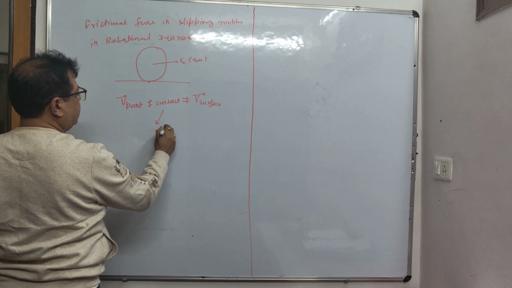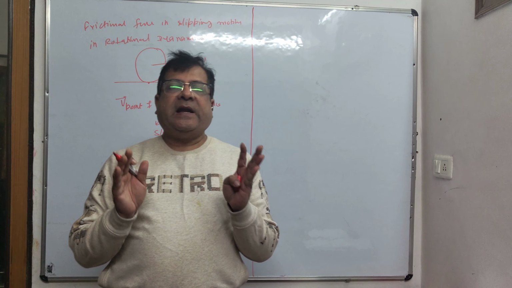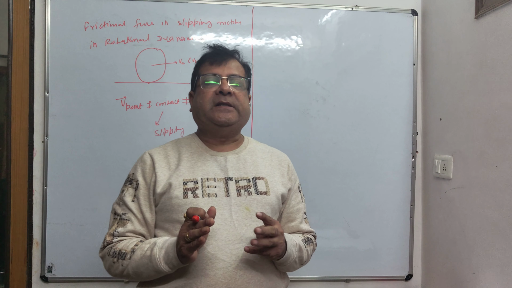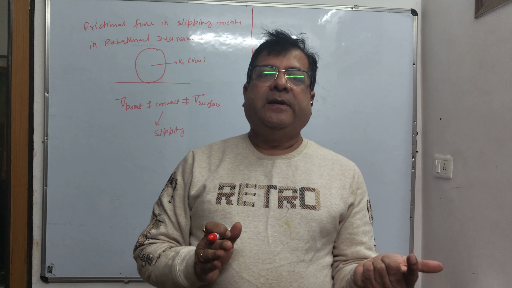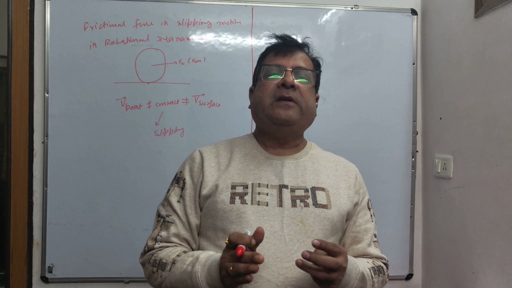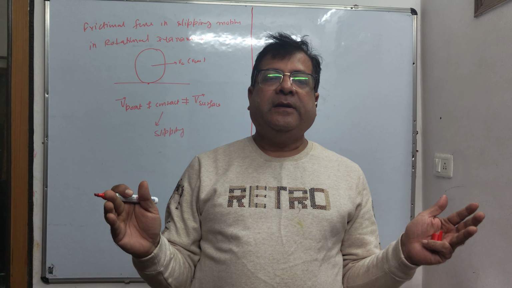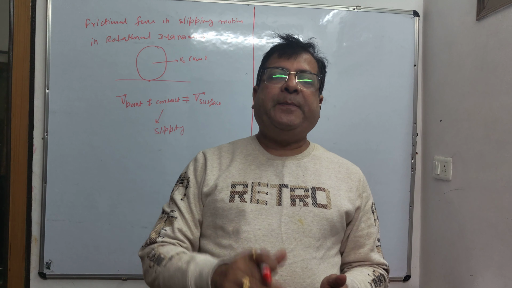So first, as far as direction is concerned, it always opposes the direction of slipping. See, if the object is in pure rolling motion, then there is no slipping at the point of contact, there is no relative velocity at the point of contact. If it is slipping, then the velocity of the point of contact is not equal to the velocity of the surface.